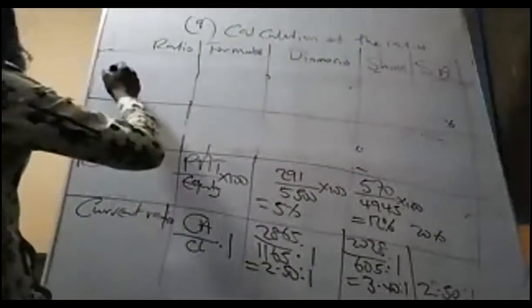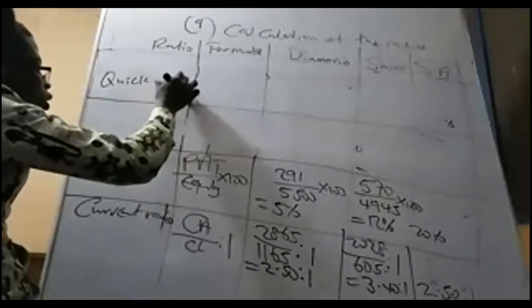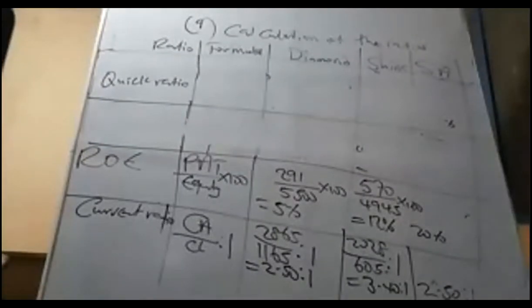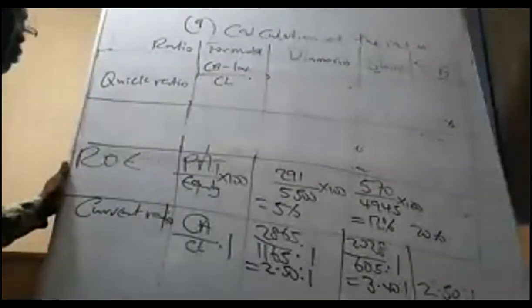Okay, so quick ratio. The quick ratio is nothing but your current asset minus your inventory, all divided by current liabilities is to 1.